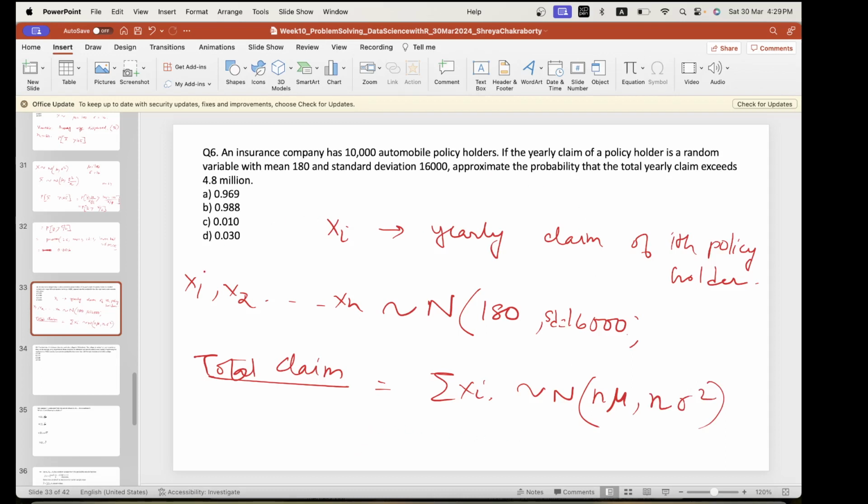X1, X2, ..., Xn, my policy does not depend on person 2's policy. We are all independent. So that's why summation Xi will follow normal n mu and n sigma square. So n mu is n into 180.